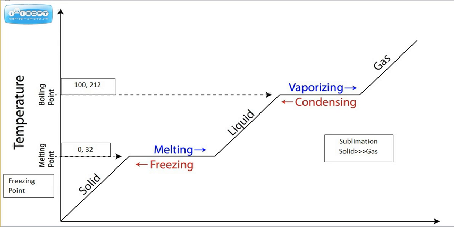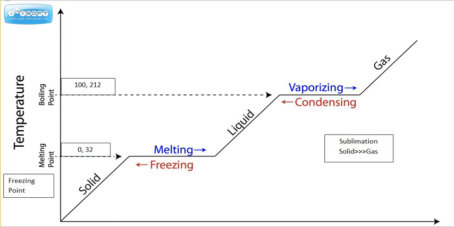As the temperature continues, then still at 0 and 32, if it is already solid, it's going to begin to melt at that corner. Then as you go up, the temperature starts to increase above 0 and 32, and you have a liquid.